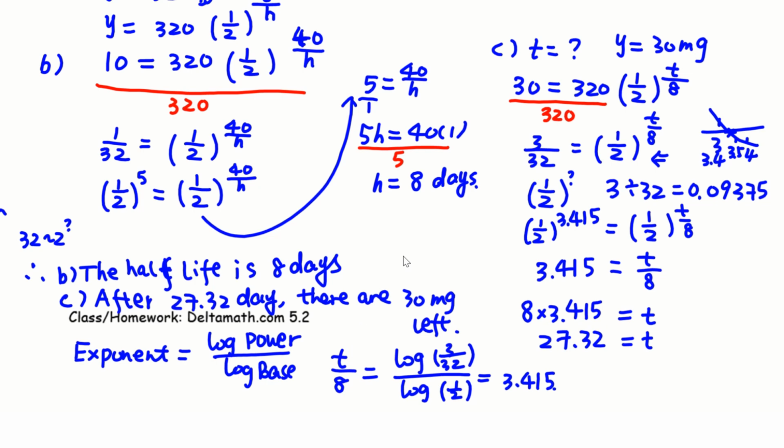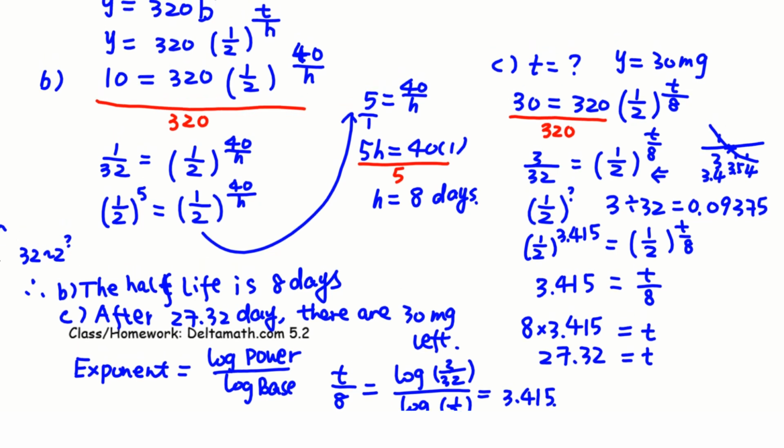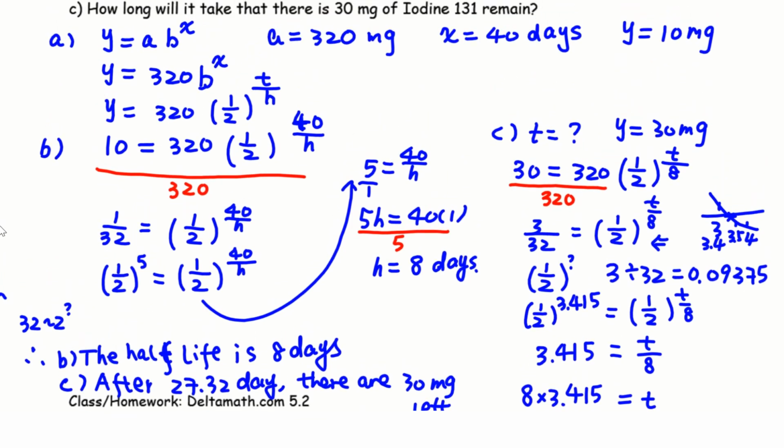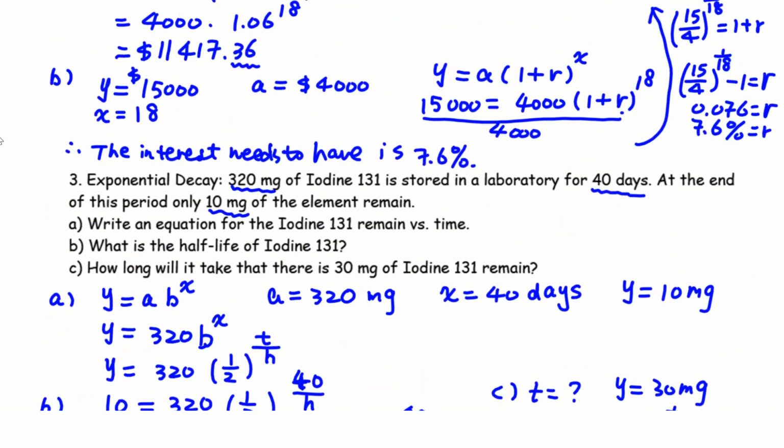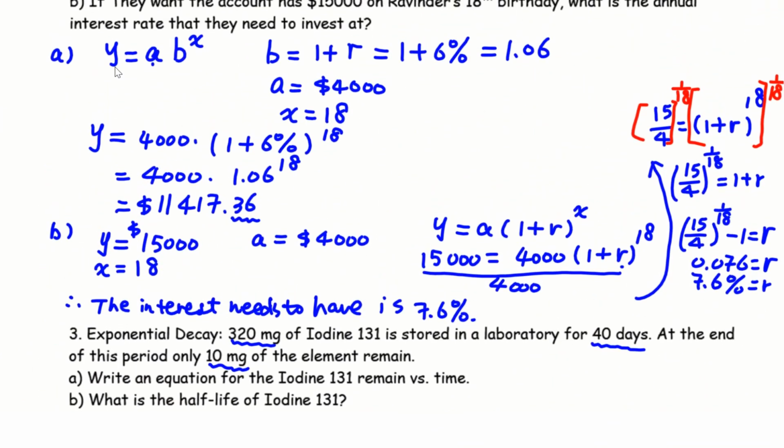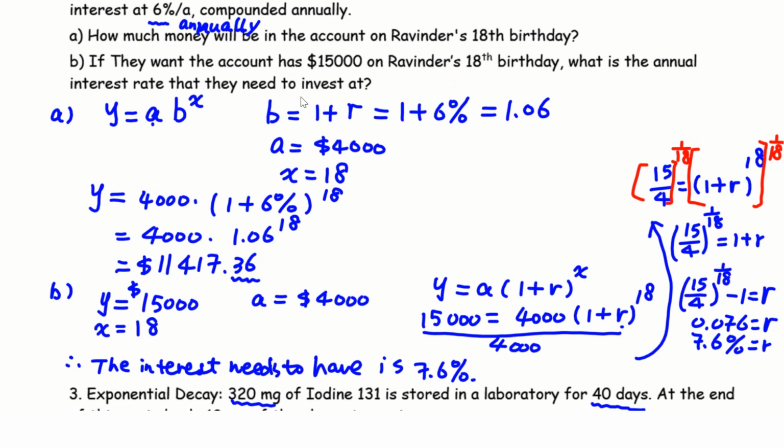So in this lesson we have done the general formula a times b to the exponent x, and based on the half-life, t counting by half-life. The base is 1 over 2, and if doubling, then the base is 2. If it's a growth, then plus the growth rate.